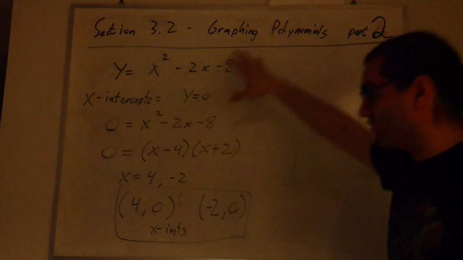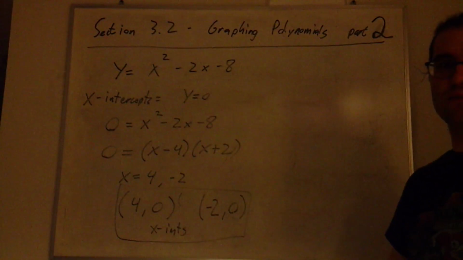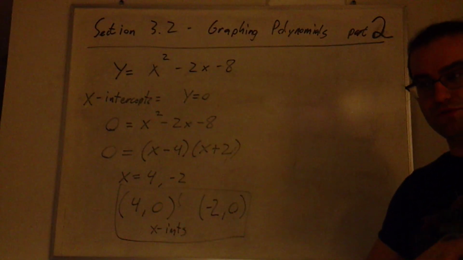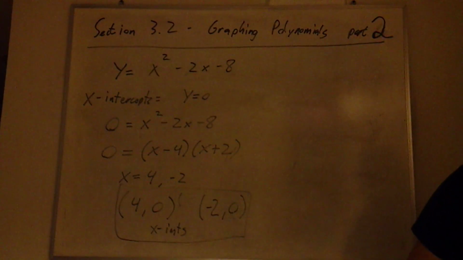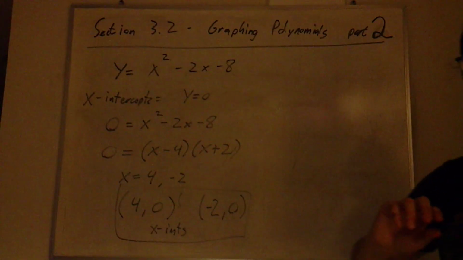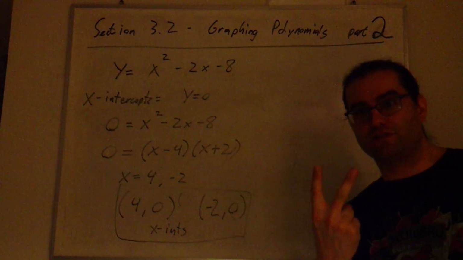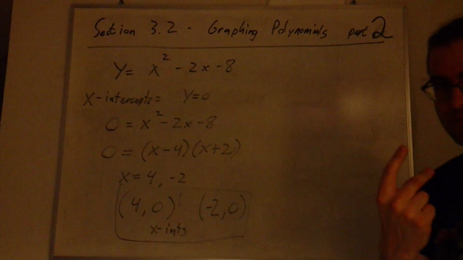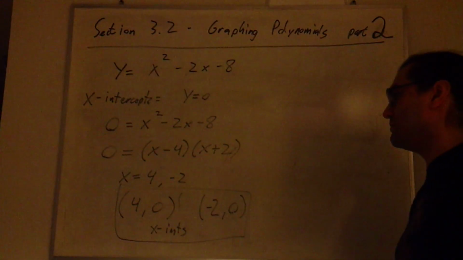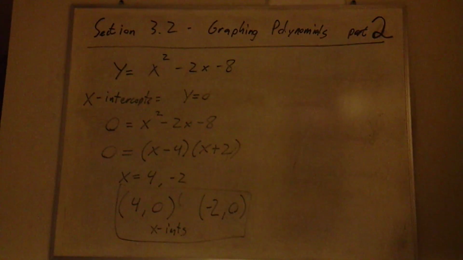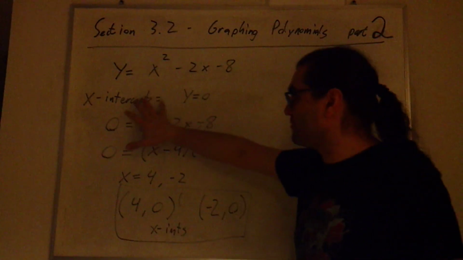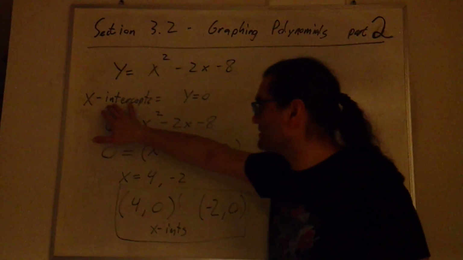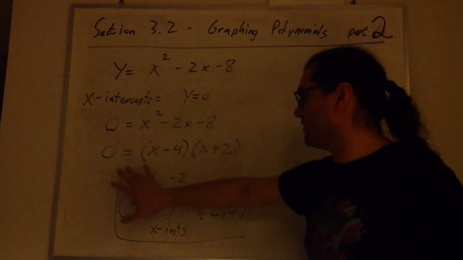We're going to factor polynomials for days, and then when you're sick of polynomials and you hate them and you don't want to do them anymore, we will move on to rational functions. And in rational functions, you'll have to do twice as much factoring because you'll have to factor the top and the bottom. It's going to be great. It'll be an exciting time. I'm looking forward to it. But for now, we're just going to do polynomials, and graphing polynomials means finding the x-intercepts by setting it equal to 0 and factoring.